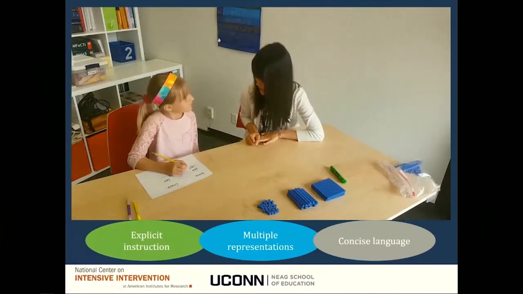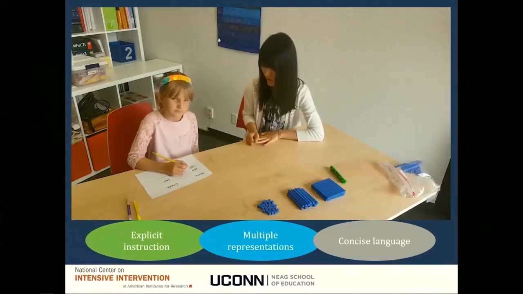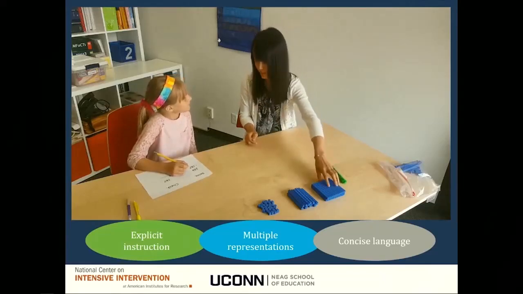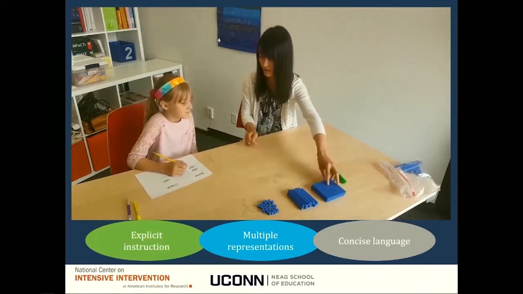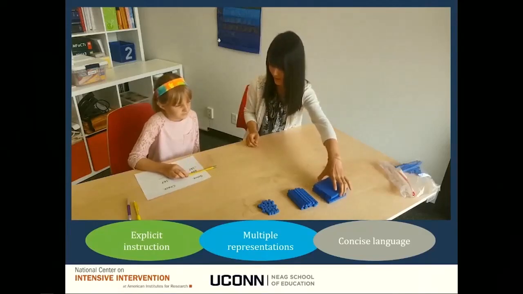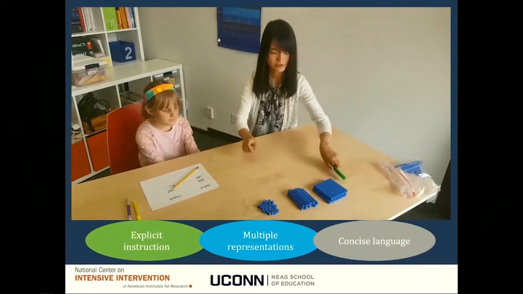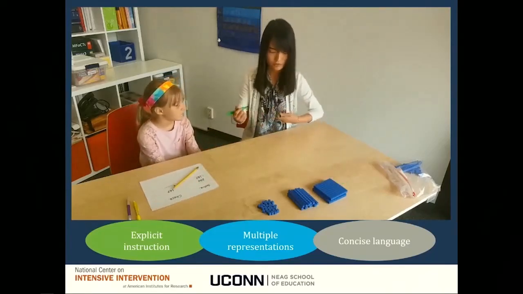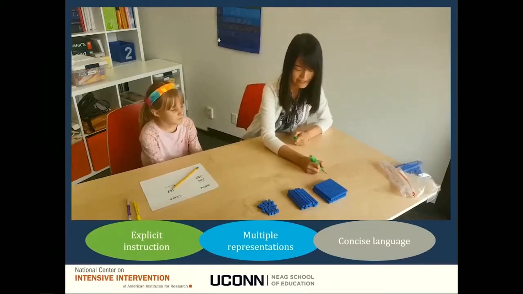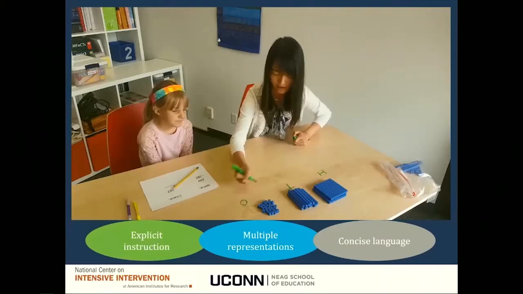I told you this problem is a little bit tricky, so that's all right. We're going to use the base 10 blocks to help us, all right? Have you ever used them before? Yes, good. So first, we're going to write hundreds, tens, and ones column here.